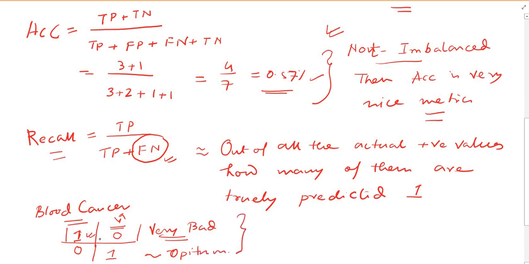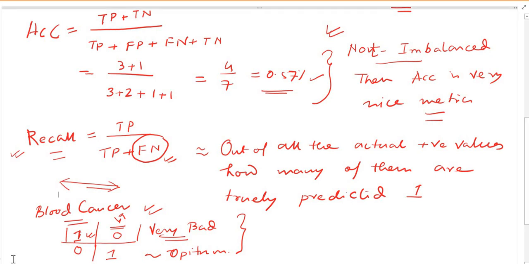So this scenario is where recall is very, very important. We want to make sure that our recall value should be high. So this is a very, very important scenario where we have to consider recall.